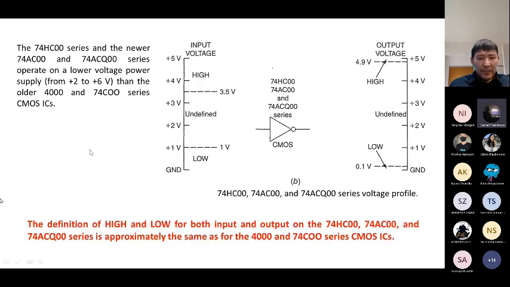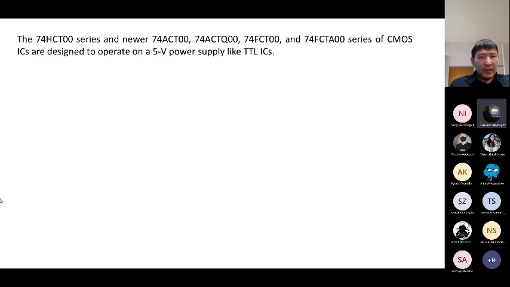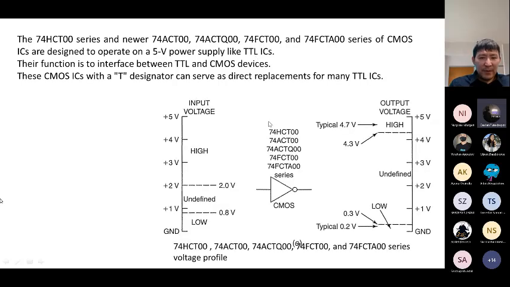Okay, so I mentioned this one. There is another kind of CMOS series that can actually replace TTL. They are a little bit different. For example, here it is also CMOS. You can see this series. The input is the same as for TTL: low can be from 0 to 0.8, and output from 2 volts up to 5 volts.